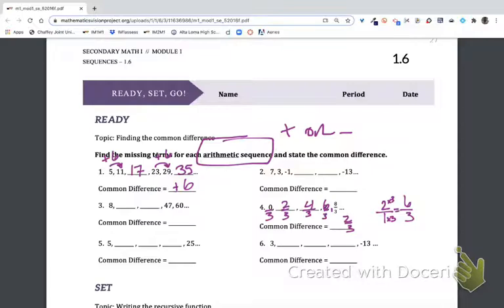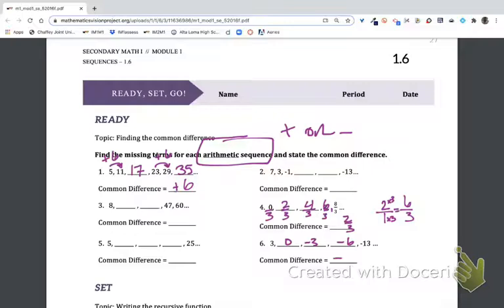Number 6 is quite a bit of a challenge, actually. So if you look at it, there are 3 numbers that I need to get to before I get to negative 13. So I know that it's going to be a subtraction problem. I know that I'm going to be removing something. If I subtract 3 each time, I would get 0, negative 3, negative 6.